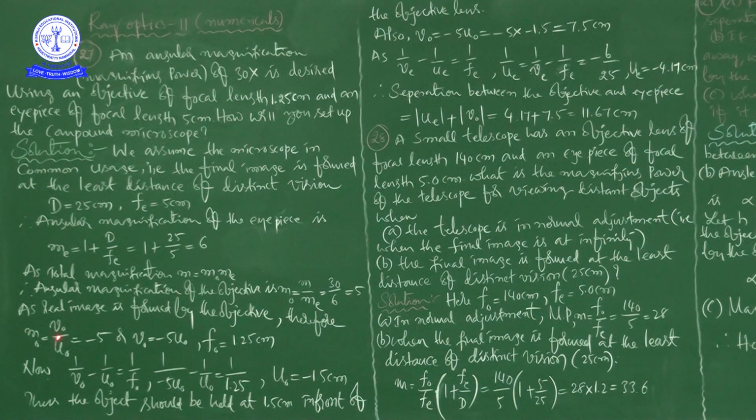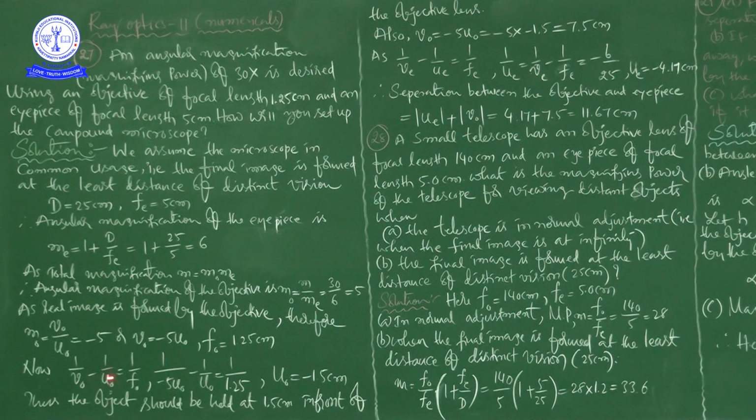Next, as a real image is formed by the objective, therefore m naught is equal to V naught by U naught, that is equal to minus 5. So V naught is equal to minus 5 U naught, and they have already given f naught as 1.25 cm.